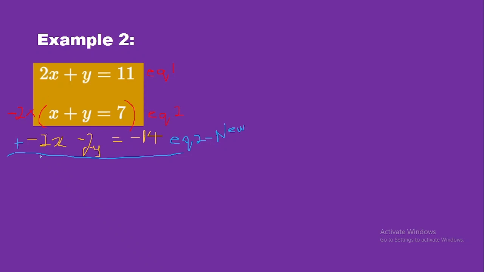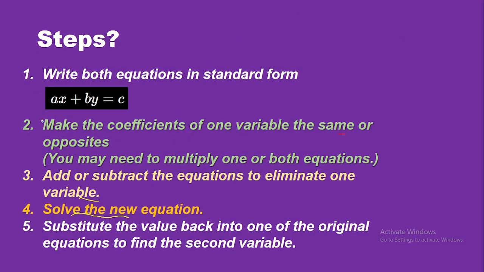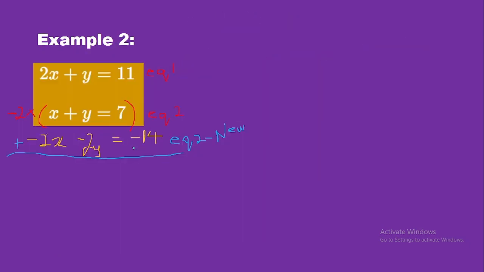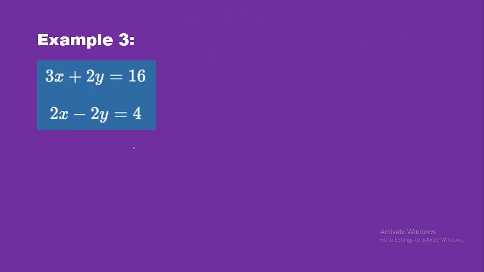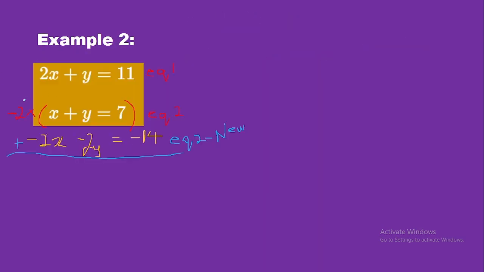2x plus negative 2x, and I look at this right here. This fits step 2. Make the coefficients of one variable the same or opposites. So in this case right here, some person may think that they're the same.